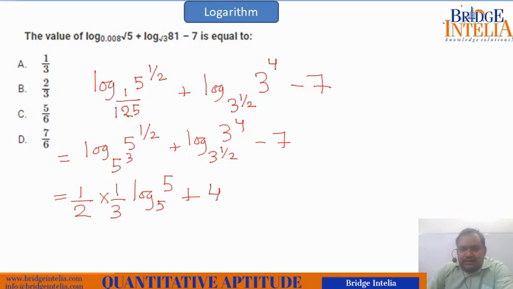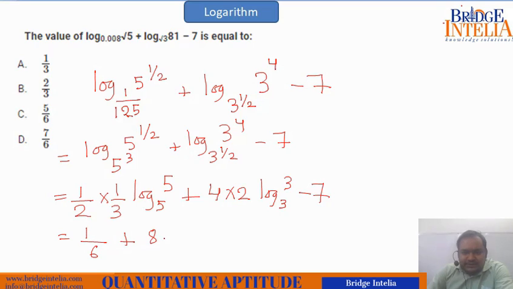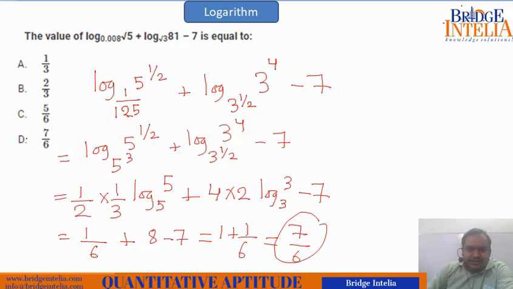This half will come out as reciprocal, so it will get multiplied. Half will become 2, so 4 into 2 of log 3 to the base 3, minus 7. This is what we are asked to calculate. So this is 1 by 6 plus 8 minus 7, which is equal to 1 plus 1 by 6, which is equal to 7 by 6. So 7 by 6 is the correct answer. So let's move further.